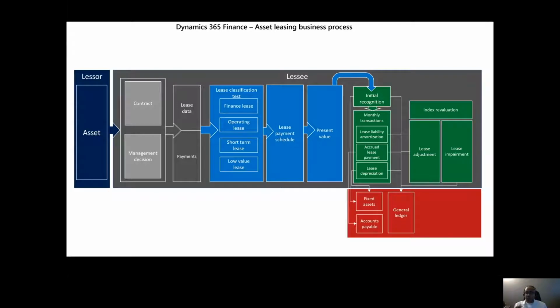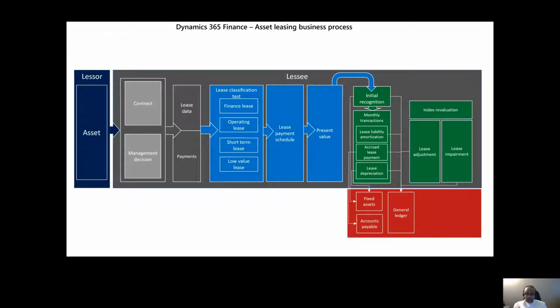And of course, it will follow the adjustment procedure, where we get the carrying value from the lease liability schedule, calculate the new present value, get the difference, and generate the adjustment transaction. And we have the lease impairment and index revaluation that you could run every month or every period. You need to revalue your lease.